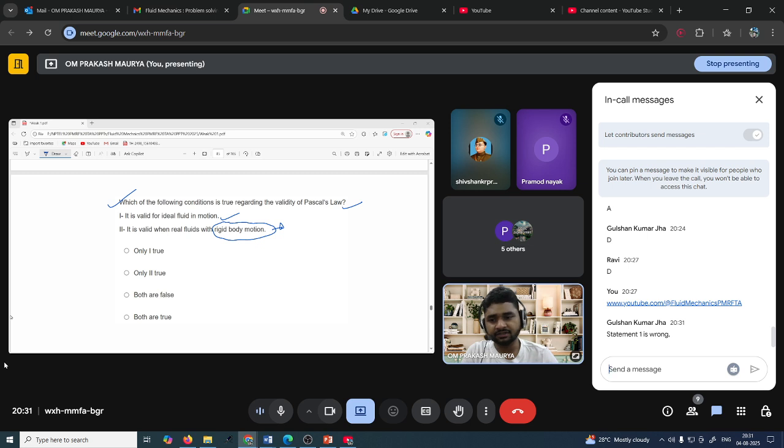Which option is correct? Only one is true, only second is true, both are false, or both are true. Which option? So please everyone try to give your answer. Very important.